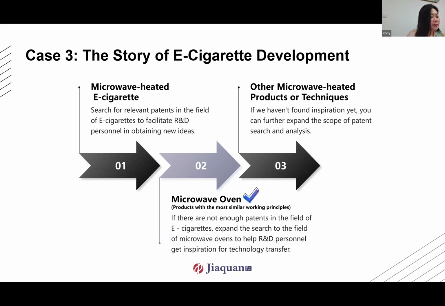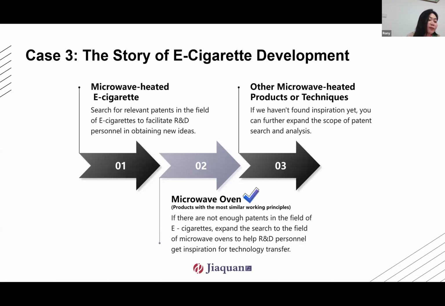Unfortunately, after searching in the e-cigarette field, we don't think there are other technical solutions to avoid the competitors' patents. So next, we will expand the search scope to microwave ovens. Because in terms of the principle of microwave heating, e-cigarette and microwave oven almost have the same working principle.